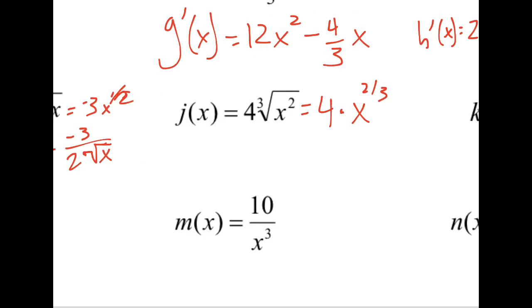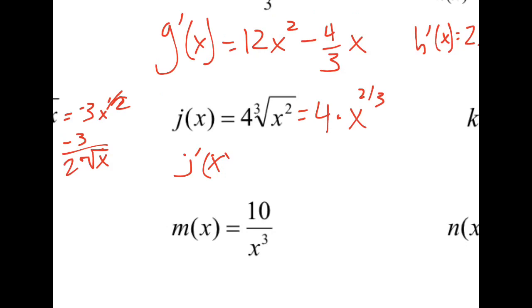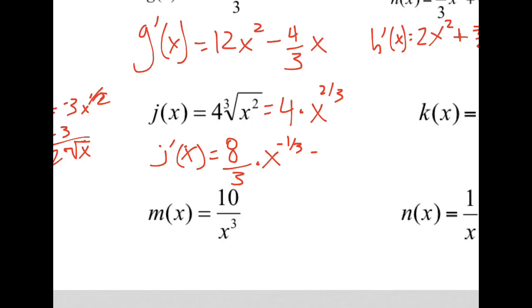So now I can use the power rule to get j prime of x equals 2/3 times 4 is going to give me 8/3 times x to the -1/3 when you subtract 1 from 2/3. And I'm going to simplify that as 8 over 3x to the 1/3. Or if you want to write it as 8 over 3 times the cube root of x, you can definitely do that as well.